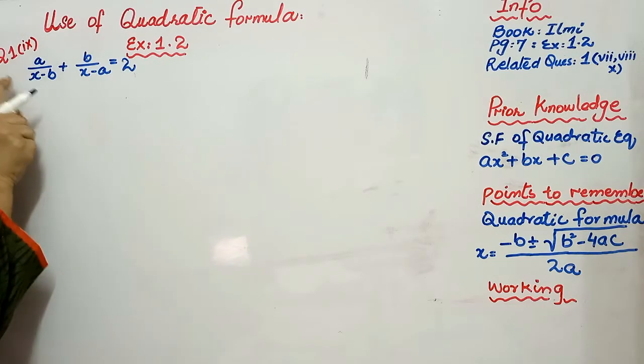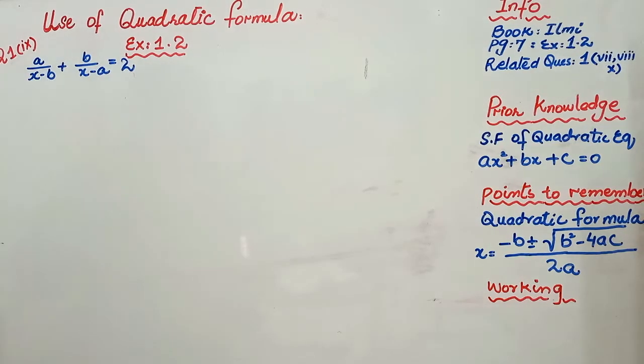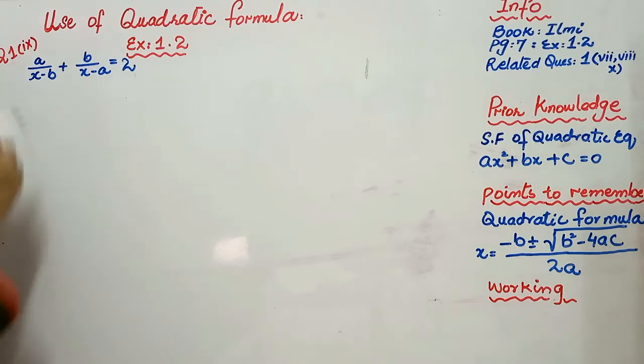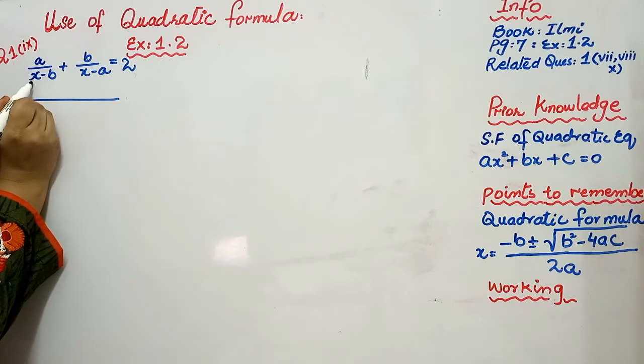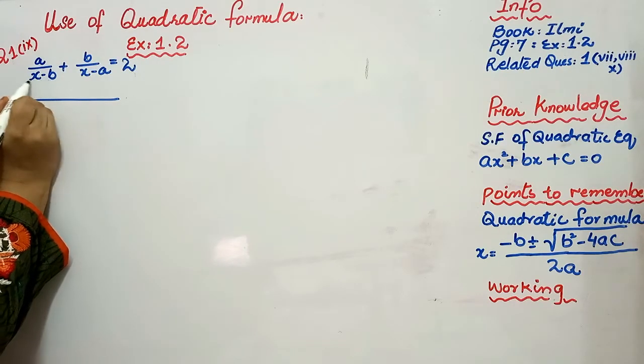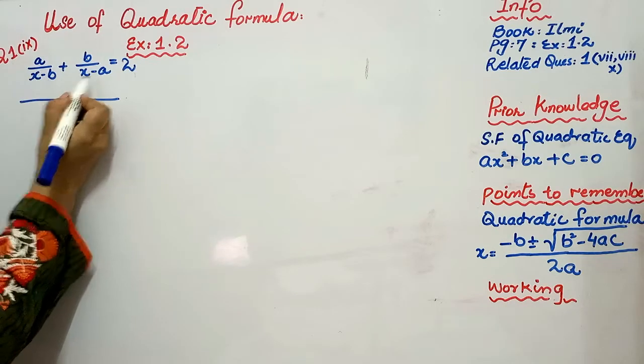Here we have two fractional terms having numerator and denominator, and on the right hand side there is a constant value, that is 2. Whenever we have a fraction, either in the form of an algebraic expression or a constant value, you need to first take out their LCM. Here see the denominators, both are separate. Here it is x minus b, here it is x minus a.